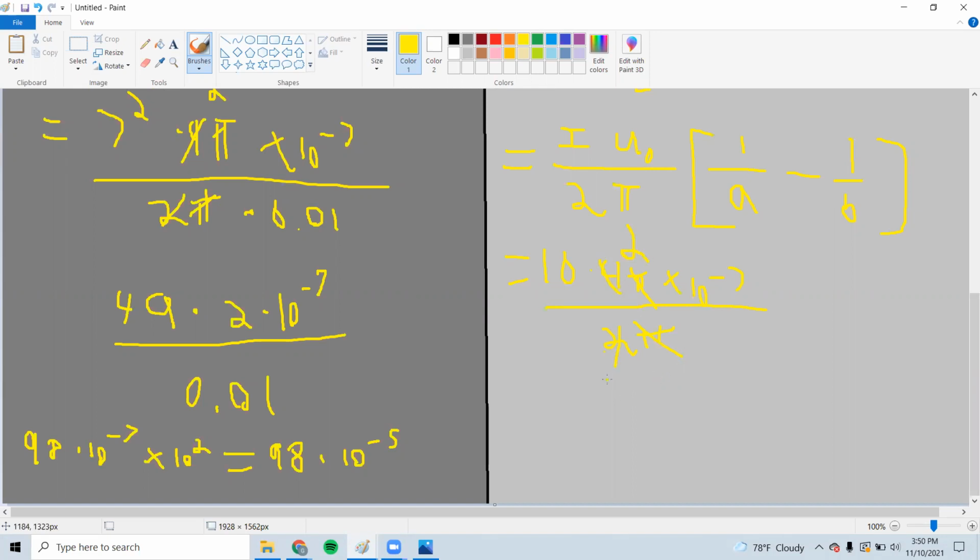We get 20 times 10 to the power of negative 7 times 1 over 0.2 minus 1 over 0.6, just like that.